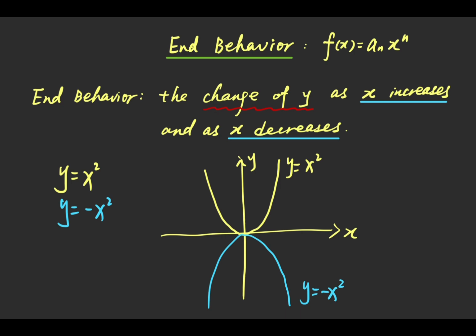In fact, we can find out for this function, y equals x raised to 2, if this exponent, that is to say this n, is an even number, we find out the property of the graph.